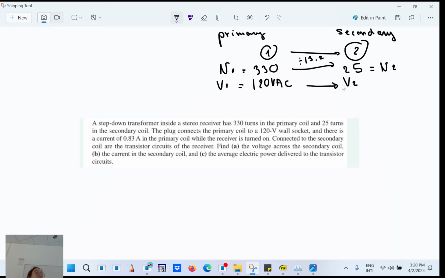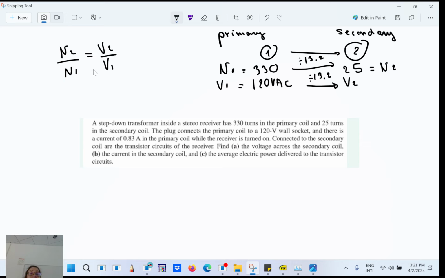Okay, let's see. But yes, in that case you can do cross multiply and divide. You want to make sure it's going to go down. Or you can say N2 over N1 equals V2 over V1.